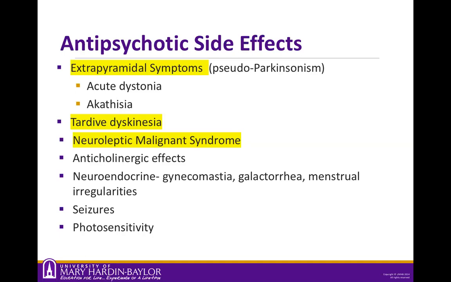Now, the neuroendocrine effects, don't just blast past those, because gynecomastia, which is the enlargement of breast tissue, is kind of distressing for men. Galactorrhea, which is milk production in males and females who are not lactating, is a little disconcerting. And menstrual irregularities are also not very pleasant.